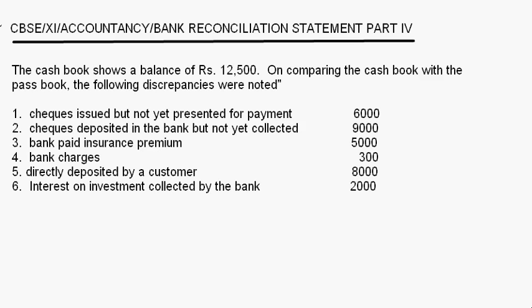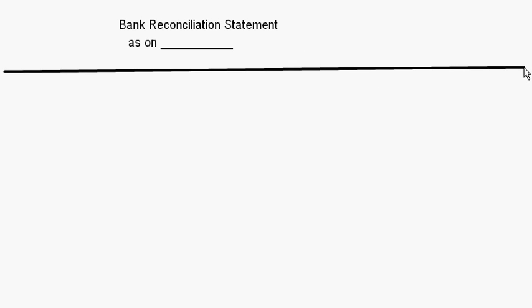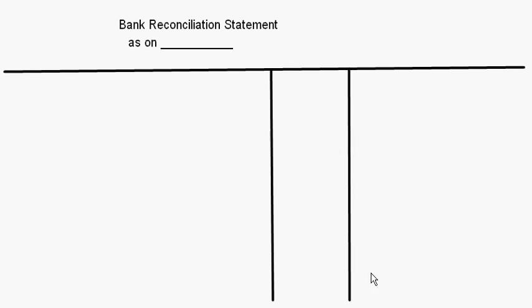Here there is no date given, so I'm just leaving it like that. The particulars column, the amount details column, and finally the amounts column.